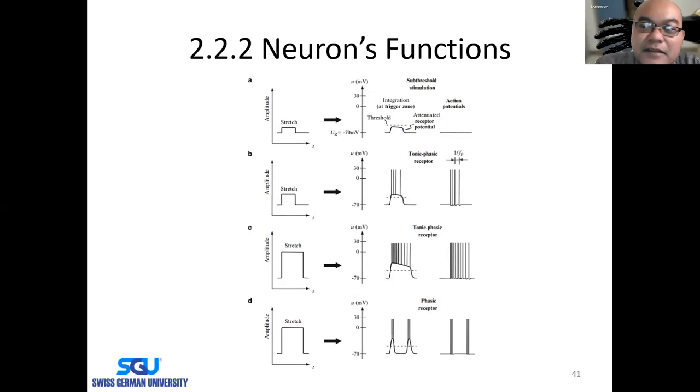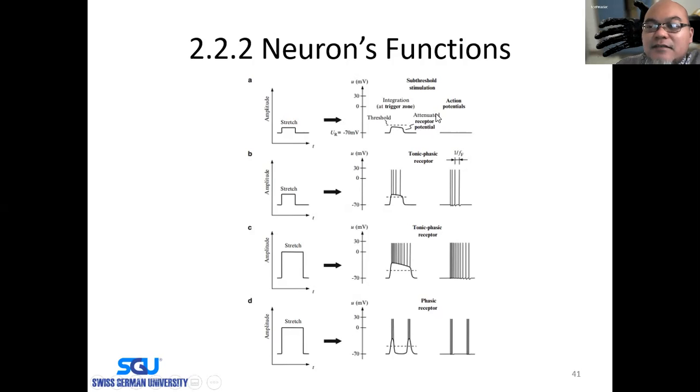So as we know, the digital signal also works inside our body, not only in our artificial engineered instrumentation. For example, in the case of a sensory neuron attached to a muscle, when the muscle is being stretched and the amplitude of the stretching is small, you see that it is still below the threshold of that sensory neuron.